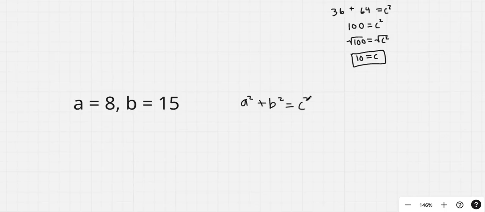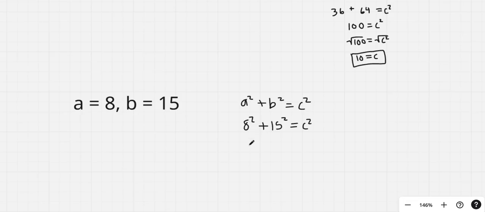We're going to substitute in the values for each variable. Instead of writing a, we're going to write 8. So it's 8 squared. Instead of b, we're going to substitute in 15. So that'll be 15 squared. And everything else will remain the same.